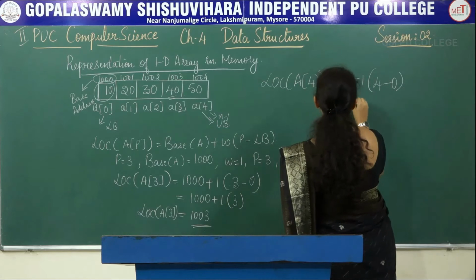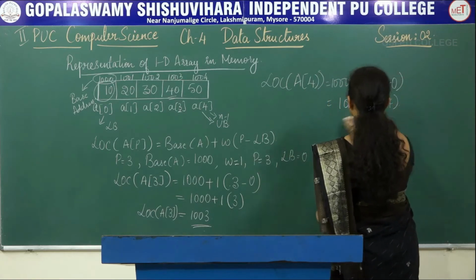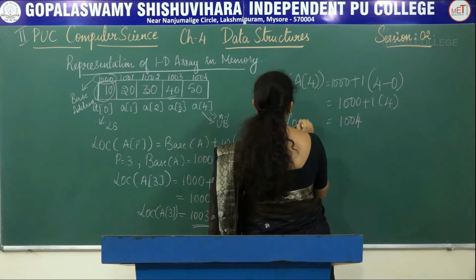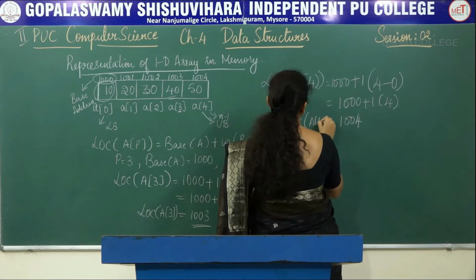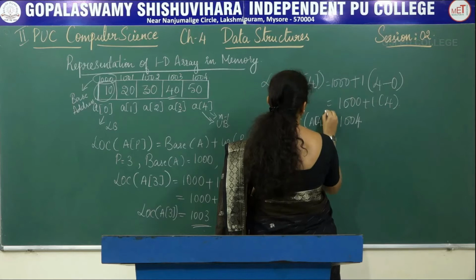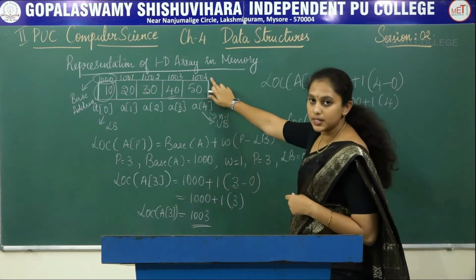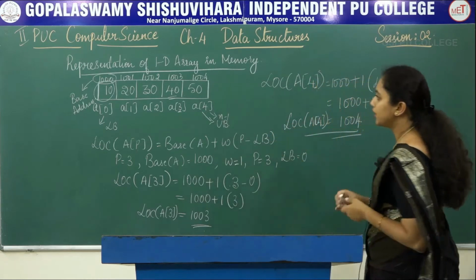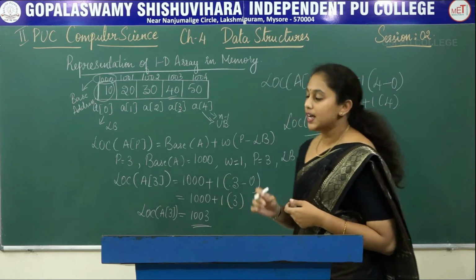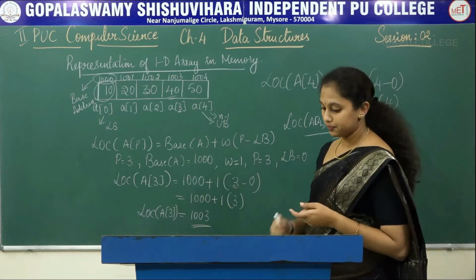So 1000 plus 1 into 4 is 1004. Hence the location of A of 4 is 1004. Is it correct? So this is how we represent a one-dimensional array in memory, as well as find the address of an element in an array.